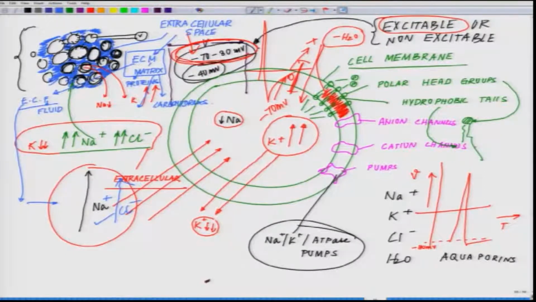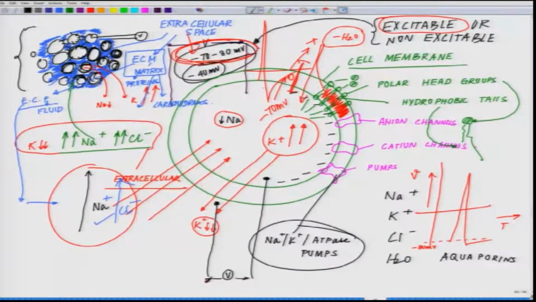And outside this, if you remember, we put a voltmeter across this membrane, this is one probe of the voltmeter, this is the other probe of the voltmeter, and across this we are measuring the voltage. What we found out is, with respect to inside to outside or outside to inside, inside is more negative.